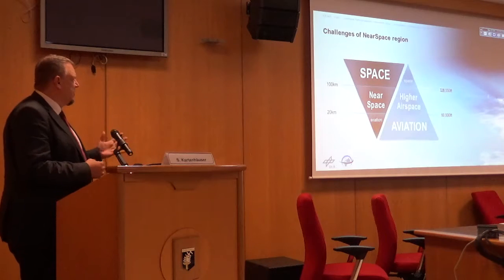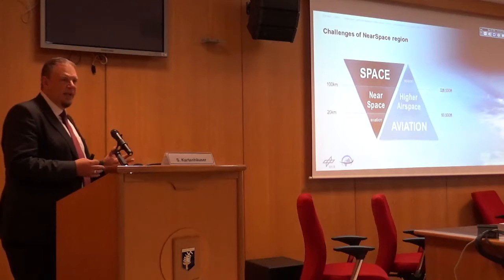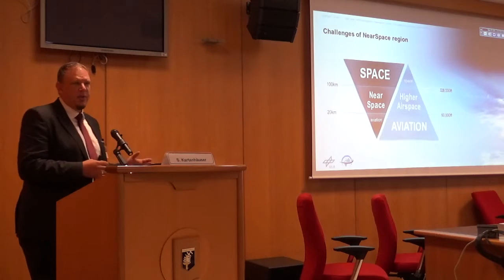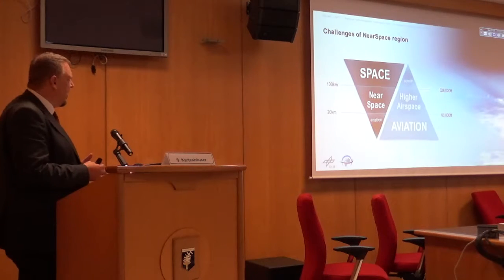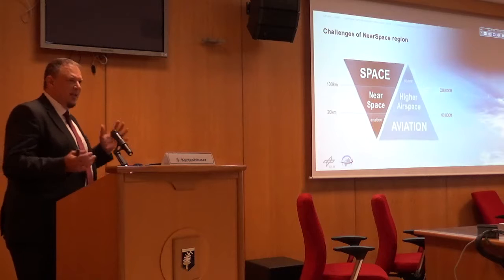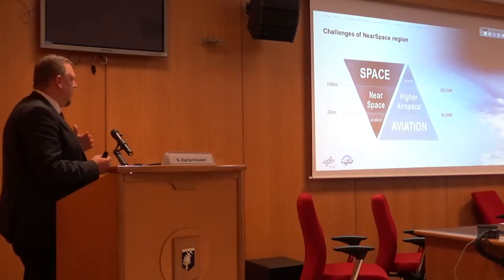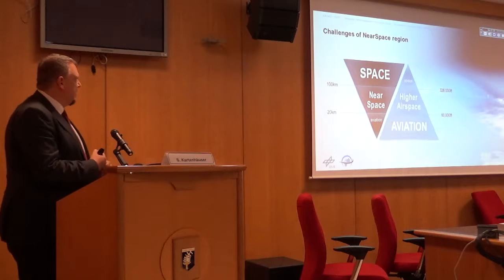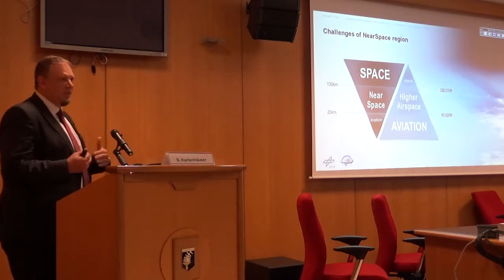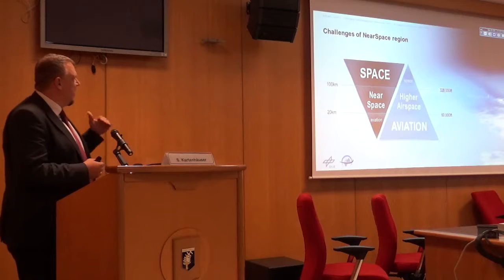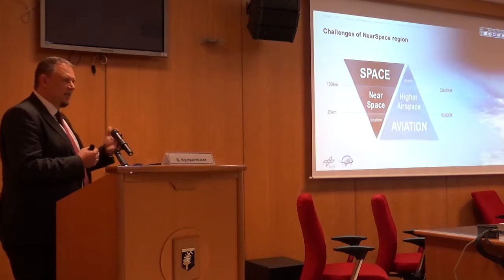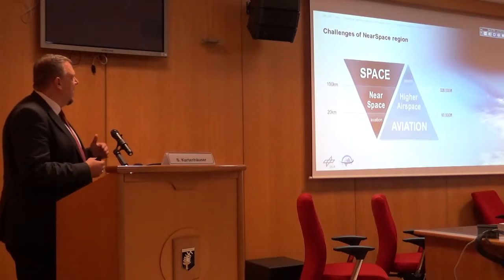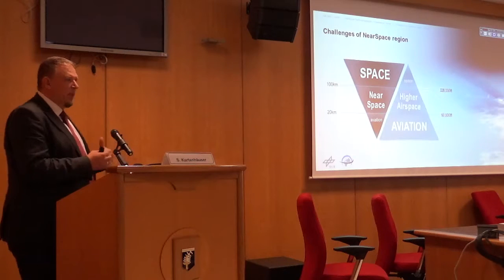Really, we talk about space, and in between you might find some people arguing about near space, other people arguing about higher airspace. It's basically the same. We are talking roughly about an altitude range between 20 and 100 kilometers here, and this is actually where, let's say, controlled airspace, as we just have learned, is ending at about 66,000 feet. But we're not yet in space.